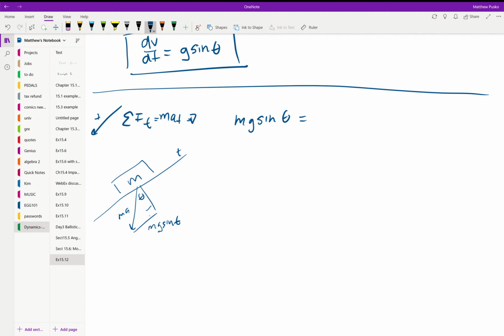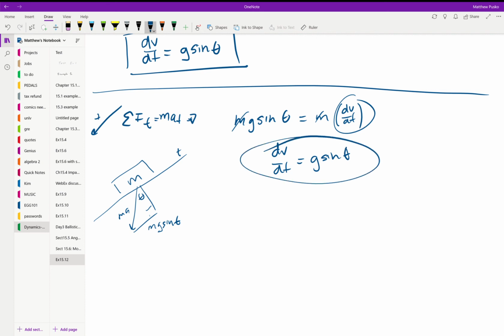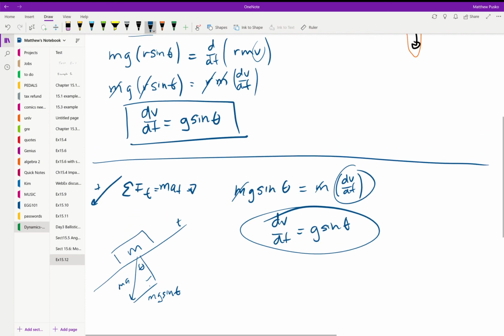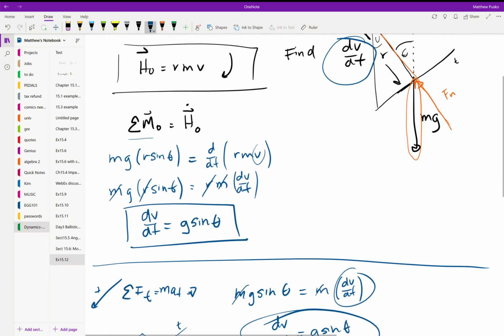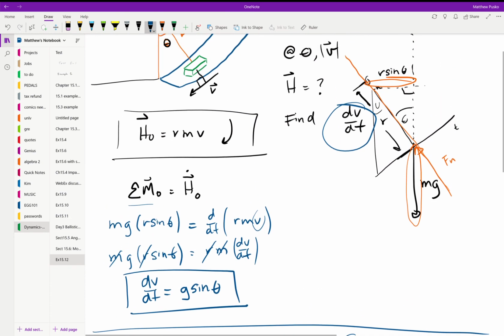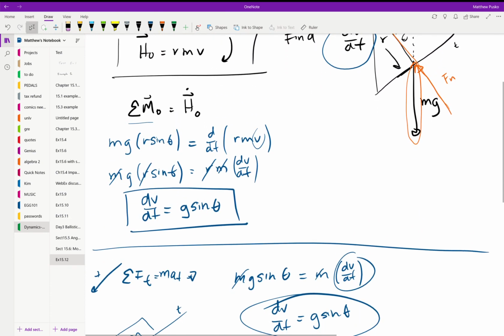That's going to equal our mass times the acceleration in the tangential direction. Well, the acceleration is dv dt, right? And we can go ahead and solve for this again. dv dt is equal to g sine theta. That was a little more straightforward than this method. Just another tool in your toolbox.